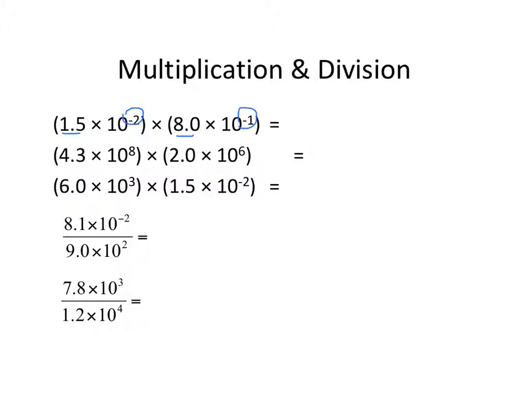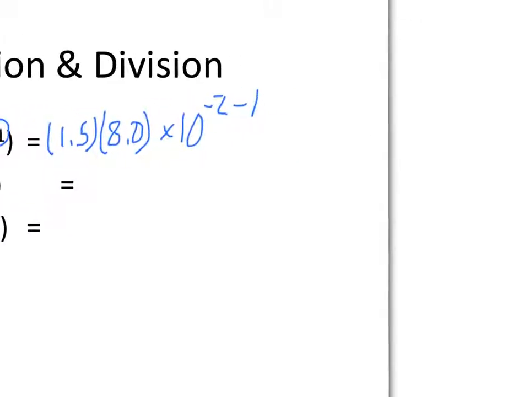So we end up with 1.5 times 8.0 times 10 to the minus 2 plus 8 minus 1. When we perform our multiplication here, we end up with 12 times 10 to the minus 3.